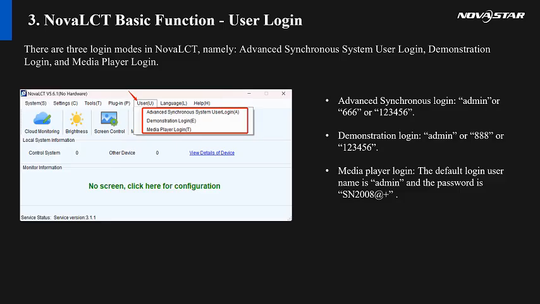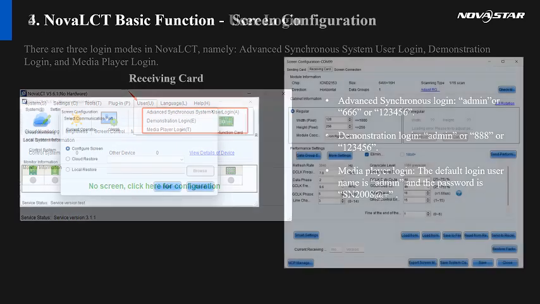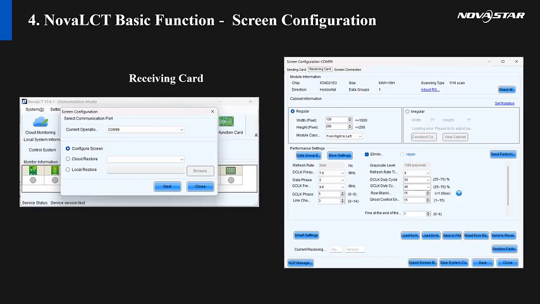After we log in with the advanced mode, click Display Screen Configuration on the software interface and select the actual corresponding communication port to enter the Display Screen Configuration interface. On the left of the top part, there are 3 buttons here: sending card, receiving card, and screen connection. Now we select the receiving card tab first.